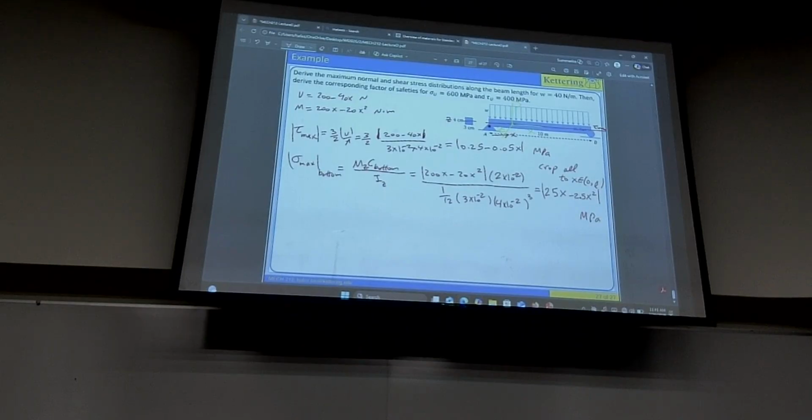All right, we have sigma max available, and sigma u and tau u are available. So if you want to calculate factor of safety, basically for each, once for tau, once for sigma, you divide the ultimate by the max value. Tau u is given for this example.